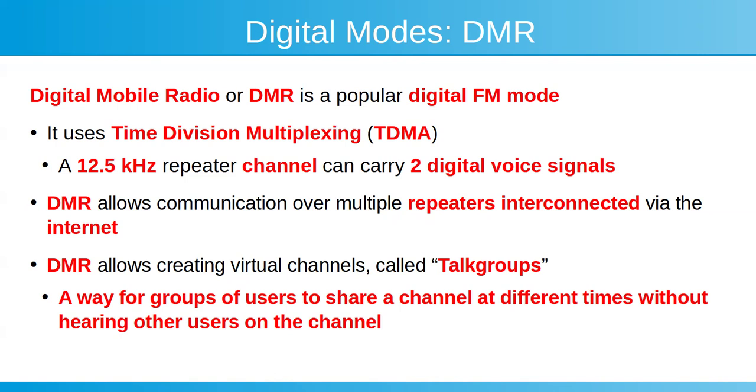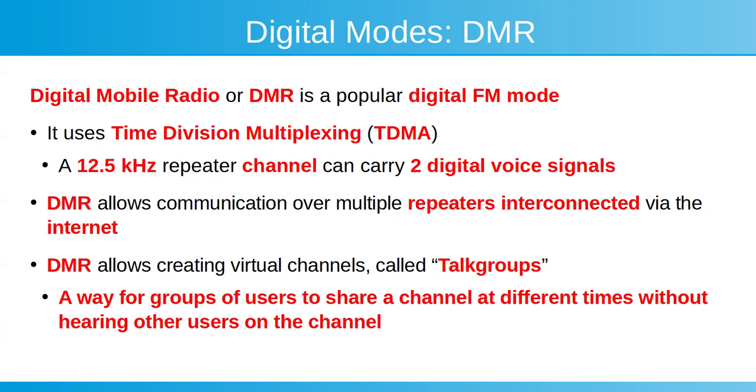It says DMR allows communications over multiple repeaters interconnected via the internet. So if you have a DMR repeater tied into a gateway to the internet, it can talk to other DMR repeaters around the world that are connected to the internet.